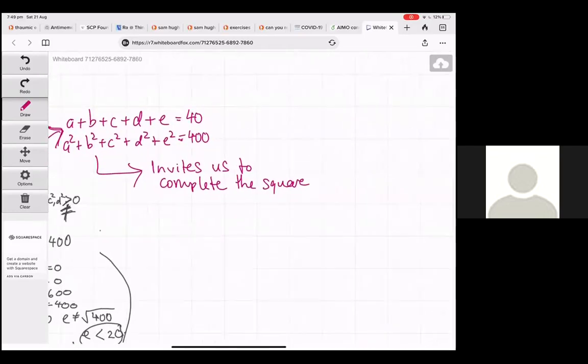Just as an example, if we did a minus 1 squared plus b minus 1 squared plus c minus 1 squared plus d minus 1 squared, what would we get?